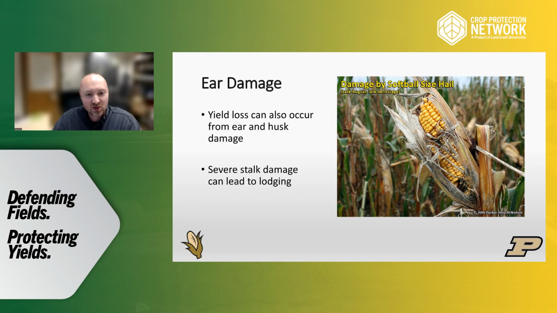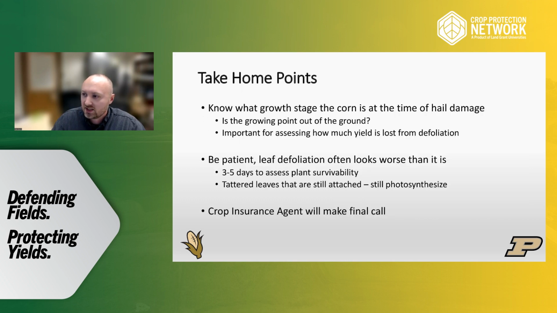So in addition to leaf defoliation, hail can also damage the ear itself. Another aspect can be severe stalk damage and bruising, which in very severe cases can lead to lodging on the back end of the season.